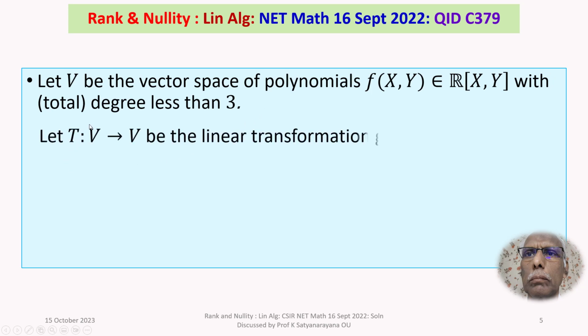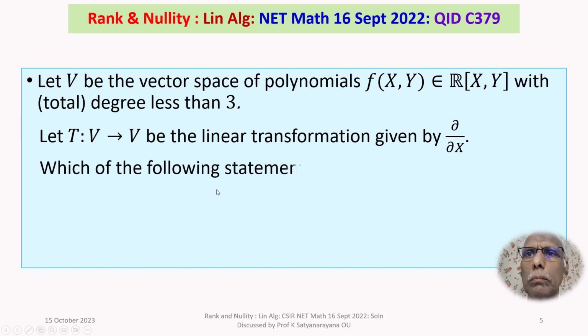Let T from V to itself be the linear transformation given by the partial derivative with respect to x, that is del by del x. Then which of the following statements are true?